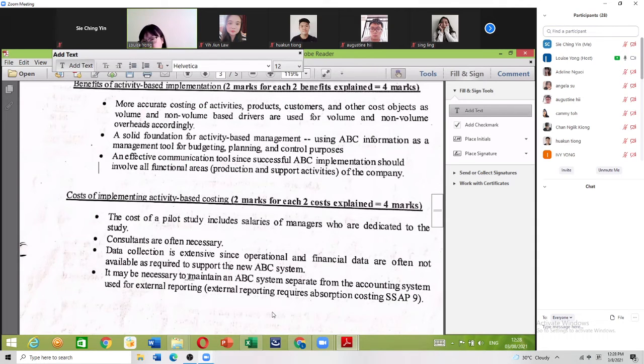Why? Because for your accounting system, or your Malaysia Financial Reporting Standard, the FRS already states that for external reporting we still have to support absorption costing. So if you use ABC, you need to keep 2 sets of accounts. For external reporting, you use absorption costing. For internal use, you use activity-based costing.